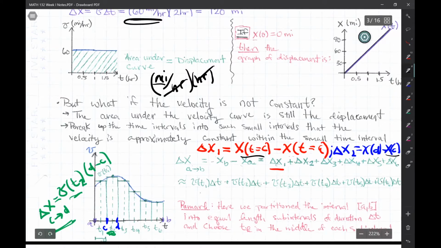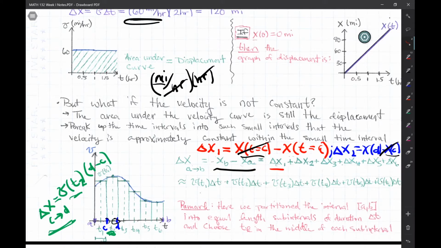So when we actually add delta x1 to delta x2, this will end up canceling. And in fact, all of these middle endpoints of our subintervals will end up getting canceled, and you will in fact get just x at time equals b minus x at time equals a. So the point there is that this is indeed an equal sign. We still didn't make an approximation.